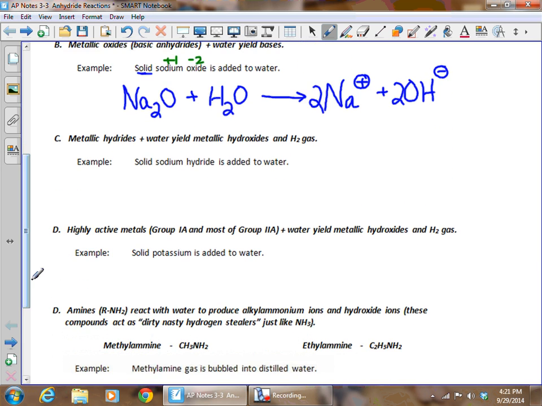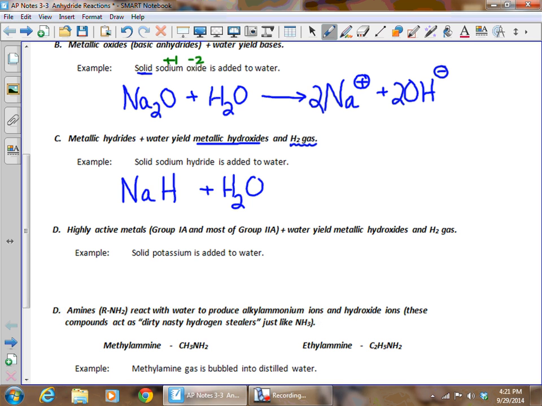Now, metallic hydrides, if we add water to those, as it said here, we're going to get metallic hydroxides again. We're going to get a base. But this time, we're also going to get some hydrogen gas. So let's take sodium hydride, for instance. A hydride is something in which the hydrogen has a negative charge. It's written at the end. And that sodium hydride is added to water.